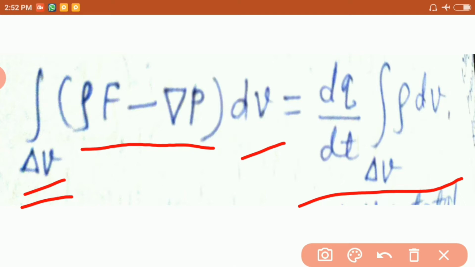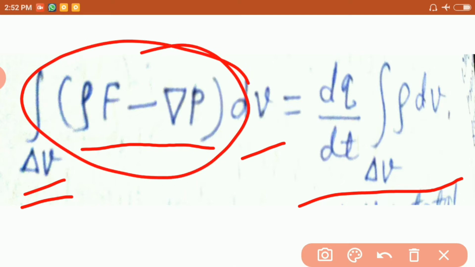The terms on the left-hand side represent the total force acting, and dq by dt is the acceleration of the fluid particle following the motion.